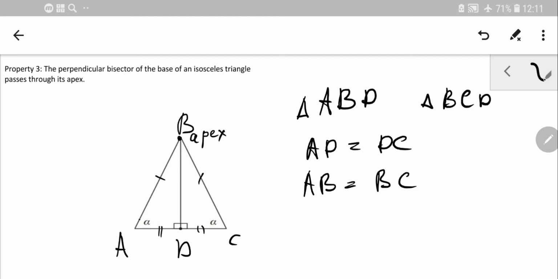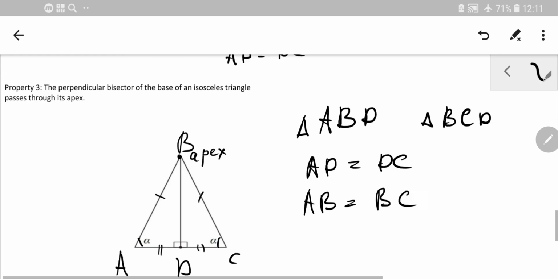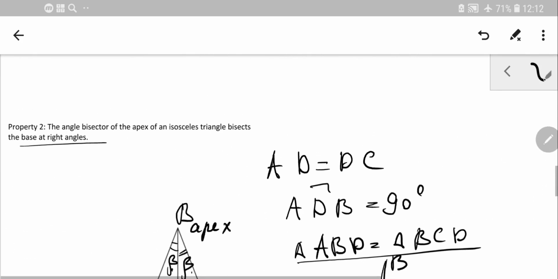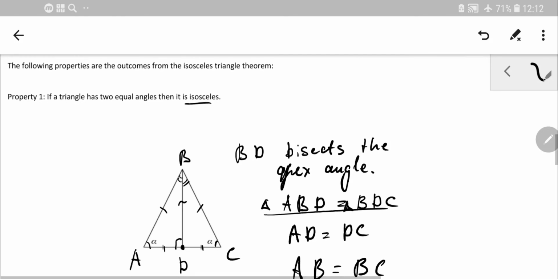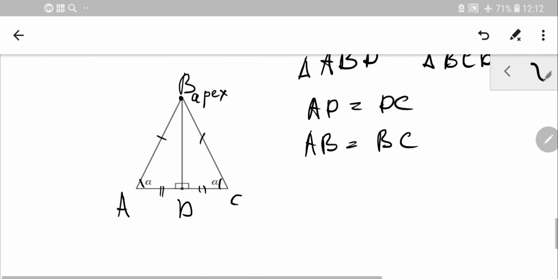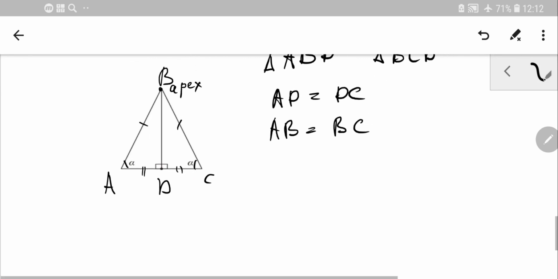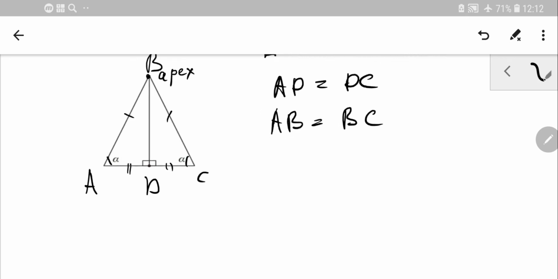And we also know, according to the previous statement, that if a triangle has two equal angles, then it is isosceles, so the converse statement is also fair. So this alpha should also be another alpha.